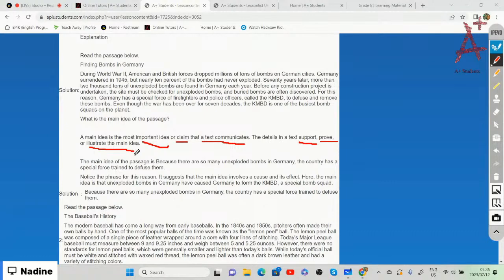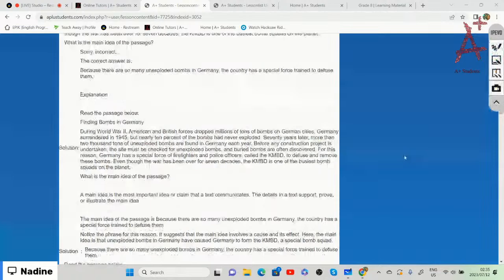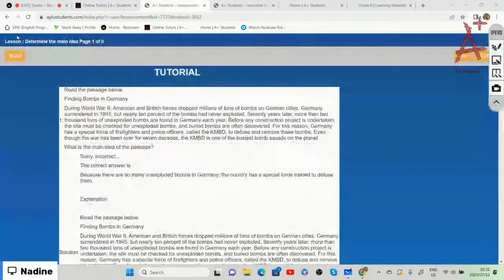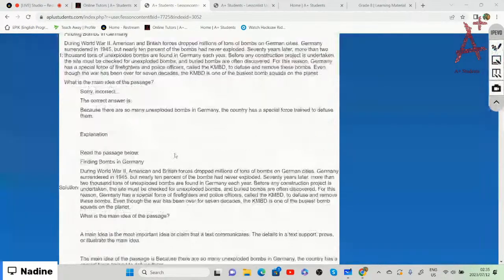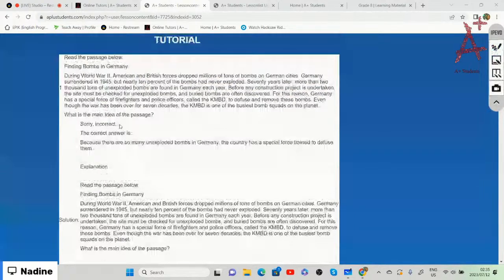If we quickly look at a few examples within our tutorial on determining the main idea, here we're going to read the passage below, finding bombs in Germany.